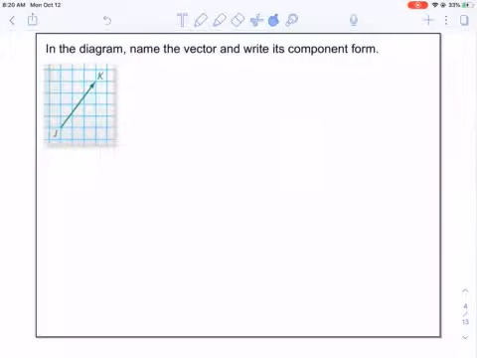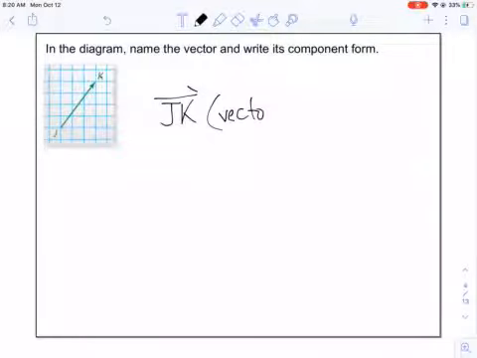So let's look at some examples of naming and writing the component form. So in this diagram, name the vector and write its component form. Well, your initial is J, goes to K, so this is vector JK. Now, to write its component form, remember, that's kind of just saying the directions to get from J to K. Well, it looks like we're going right 1, 2, 3.